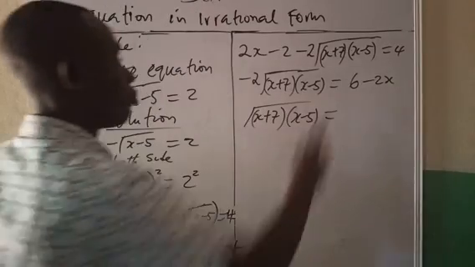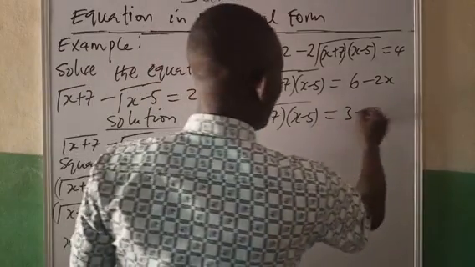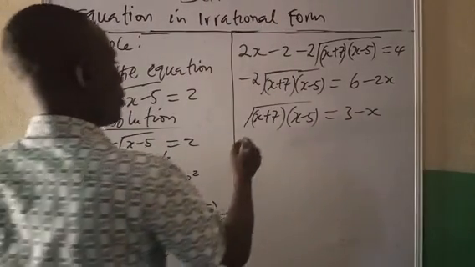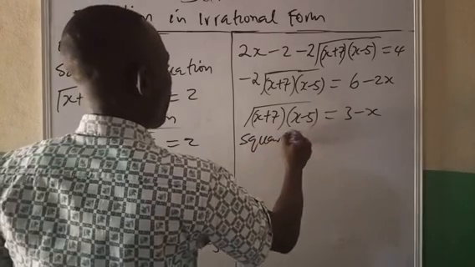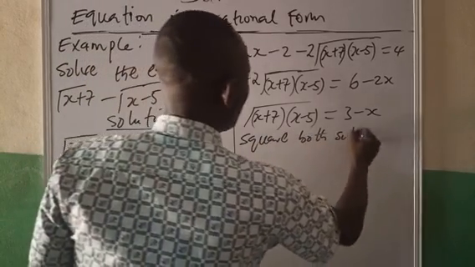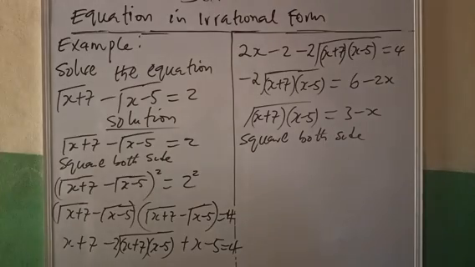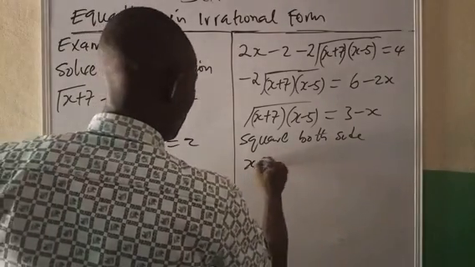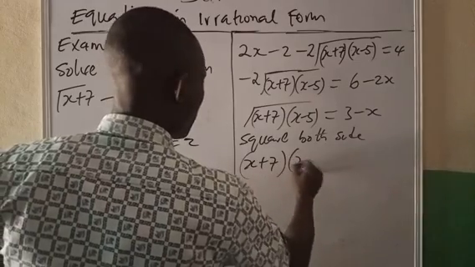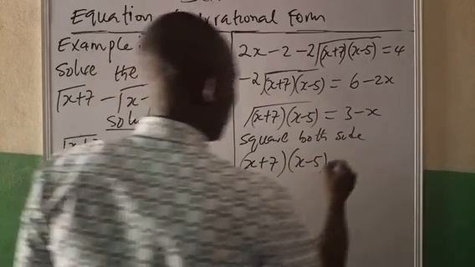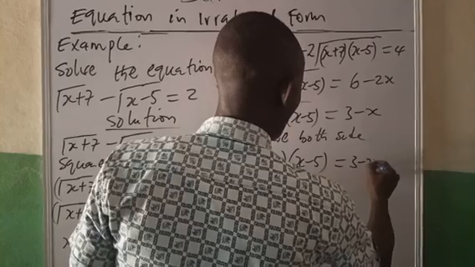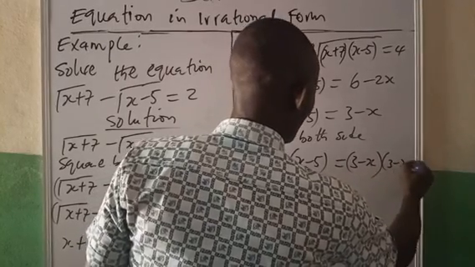I divide through by 2 to get 3 minus s. So square both sides. We have s plus 7 bracket s minus 5 is equals to 3 minus s bracket 3 minus s.